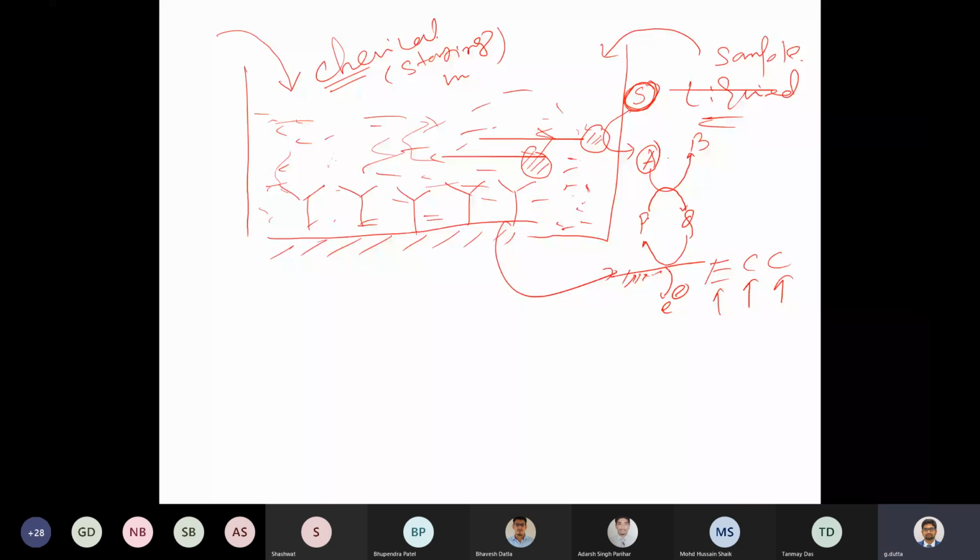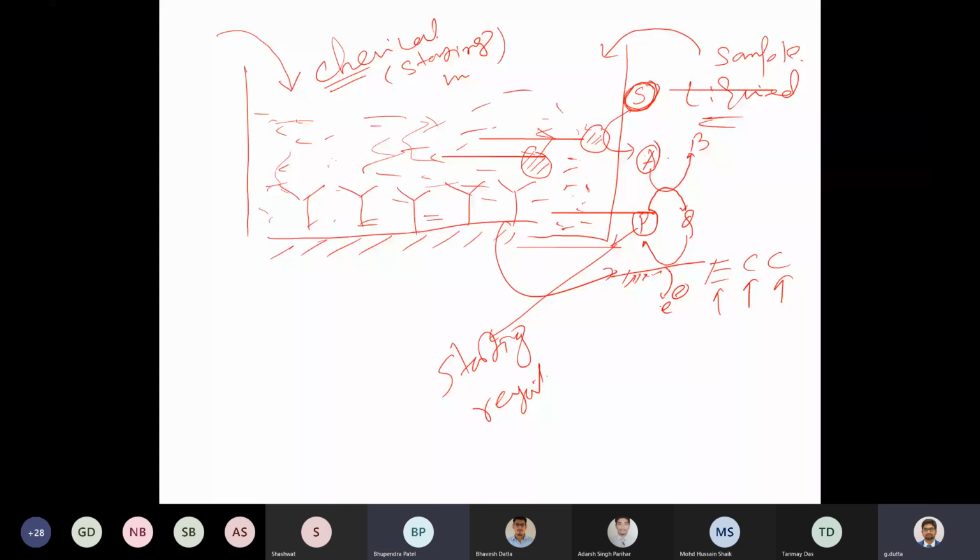You are adding S to form A, but P should react with A. So this one also should be added from outside and will be your starting reagent. P will react with A, form Q, and when you apply some potential, this Q will be oxidized and release the electron.